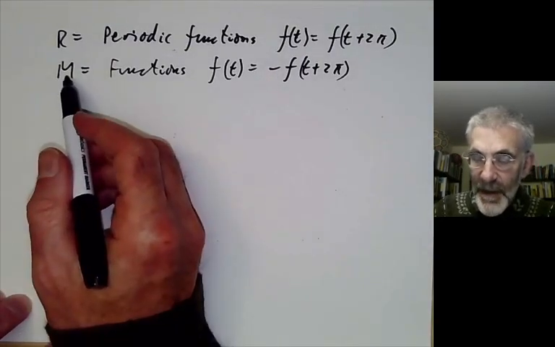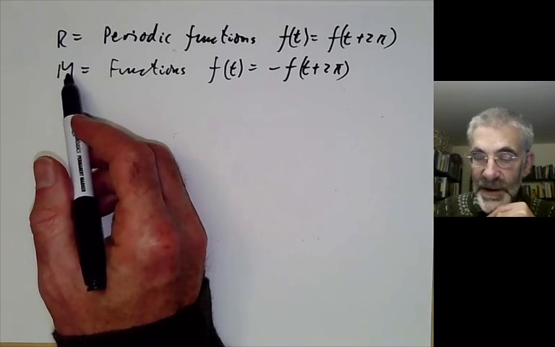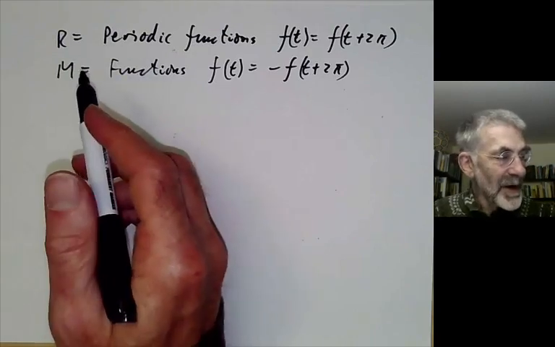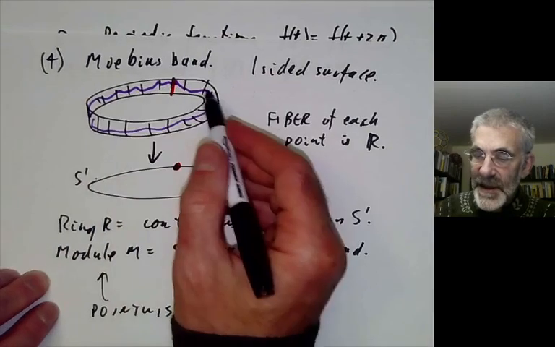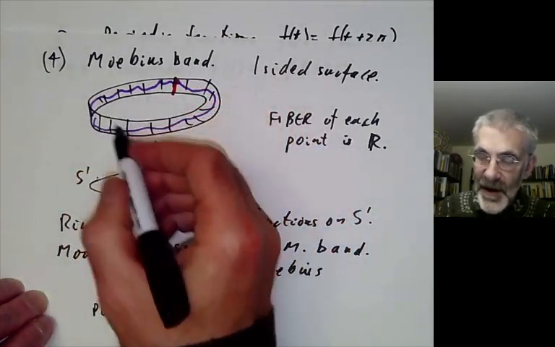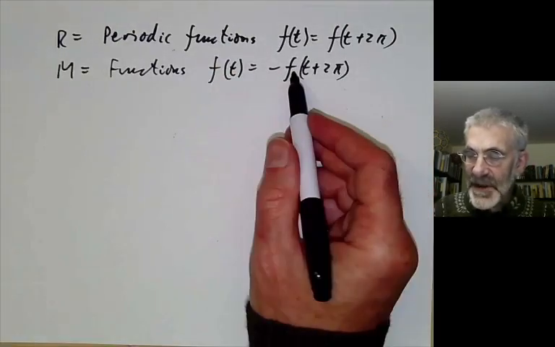And then you can see that M is not a free one-dimensional module over R because you can't take a non-zero section of it. If you try and take a function of M that's non-zero, a map to M that is non-zero everywhere, you can't do it because of this sign change.